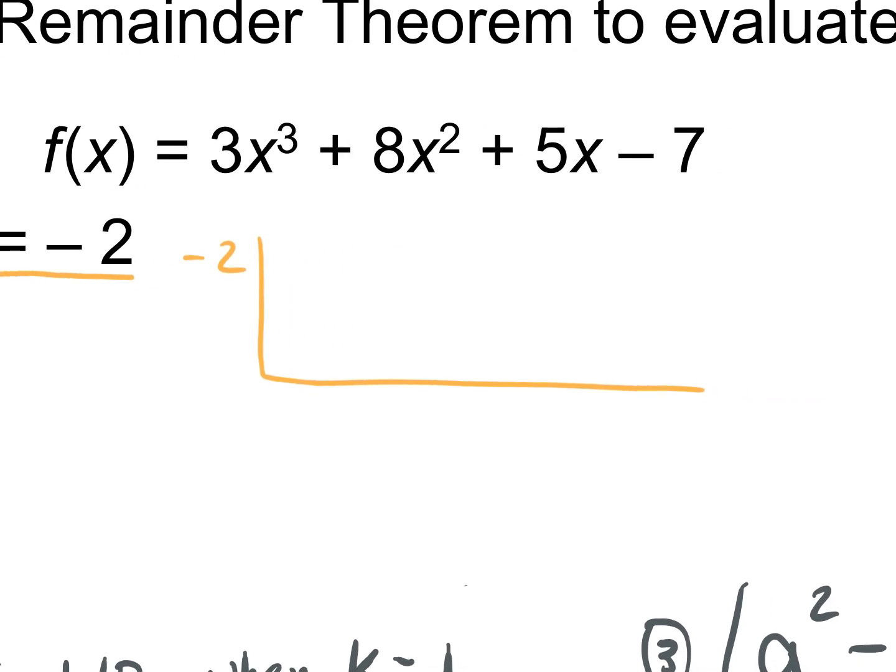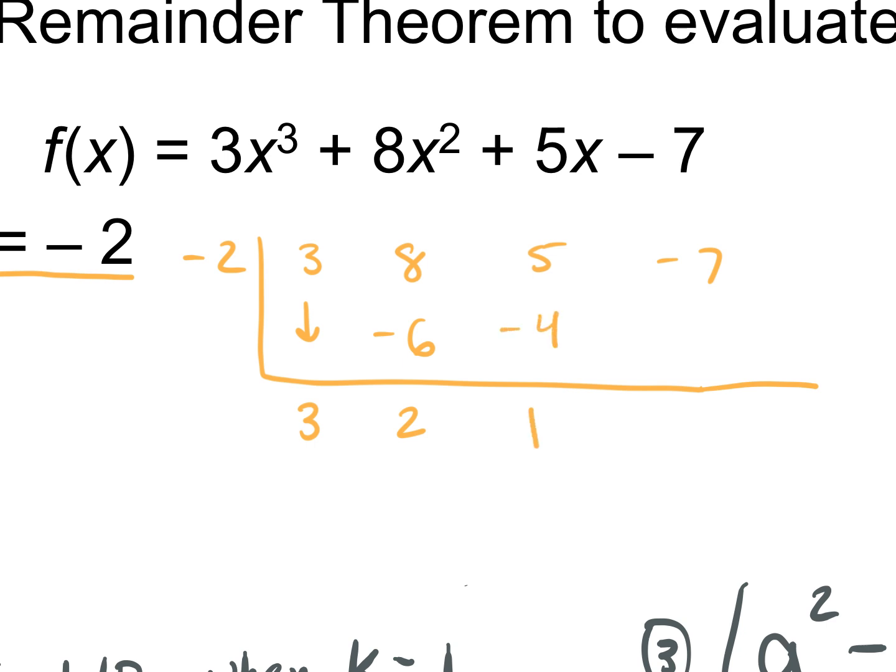Inside the box, are we missing any terms? No. So we can just put our coefficients. 3, 8, 5, -7. So I'm going to drop down the 3. Multiply on the outside. -2 times 3 is -6. Add on the inside. 8 minus 6 is 2. Multiply on the outside. -2 times 2 would be -4. Add on the inside.